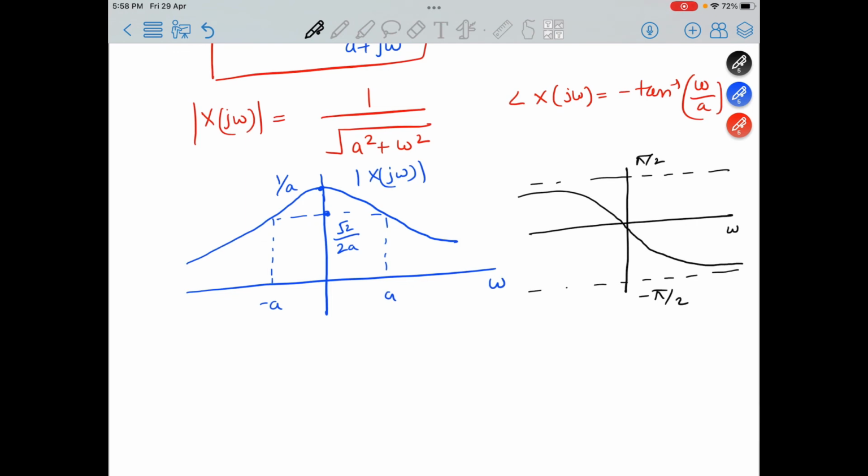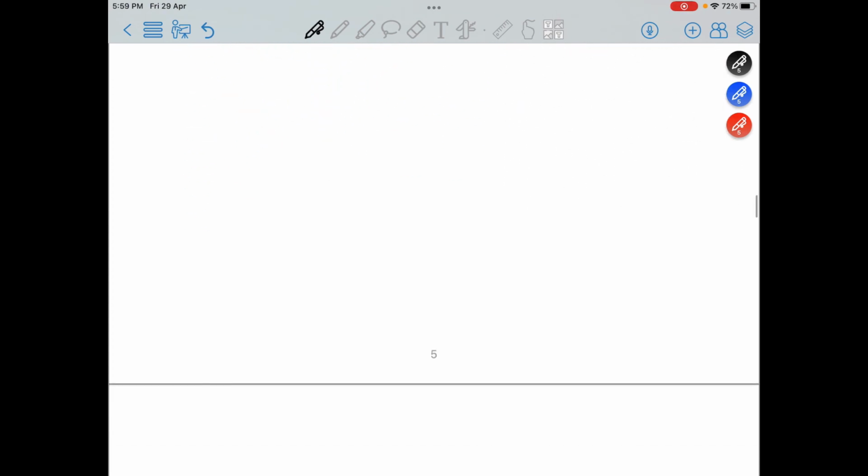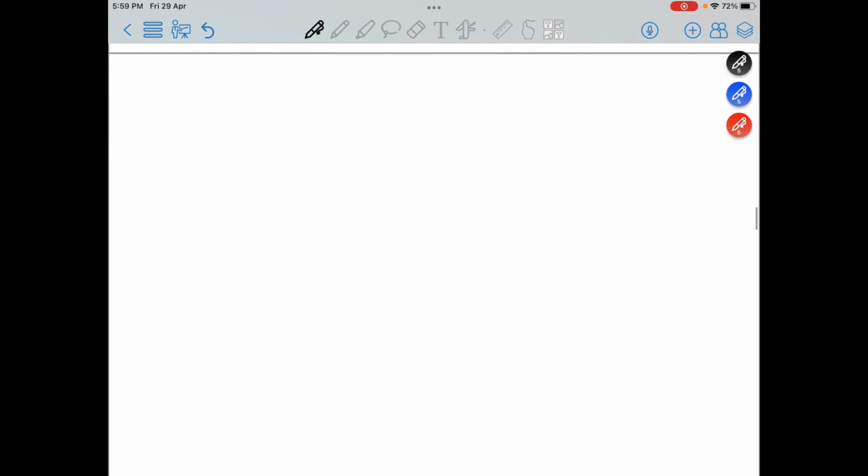At omega equal to a and minus a, it will take a value of pi by 4 and minus pi by 4 respectively. In this manner you can plot the magnitude and phase plot of any Fourier transform which we get for any signal. Now we will move to another example in which we will take a different signal.